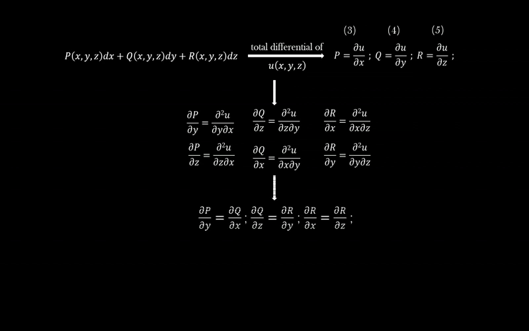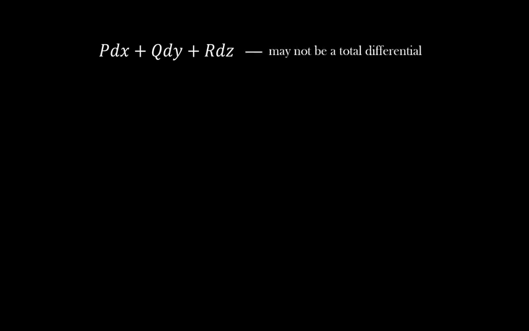Therefore, the partial derivative of P with respect to y equals the partial derivative of Q with respect to x, the partial derivative of Q with respect to z equals the partial derivative of R with respect to y, and the partial derivative of R with respect to x equals the partial derivative of P with respect to z. Formula 6 is tenable. Generally speaking, P dx plus Q dy plus R dz, which is cobbled together, may not be a total differential of a certain function.